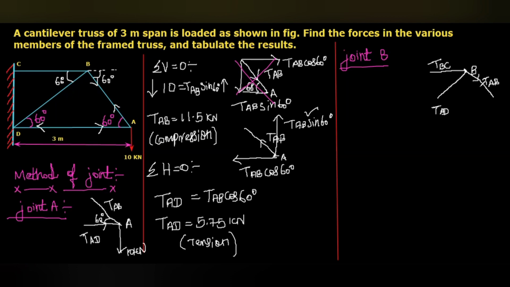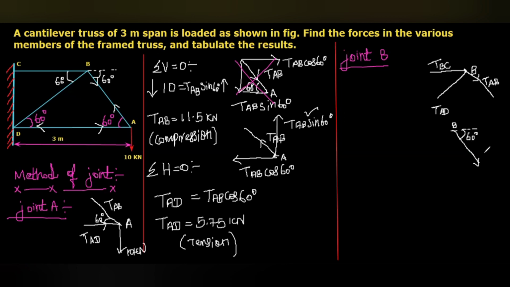So first I am going to resolve this inclined force, TAB. From the point B, if you draw a horizontal, this inclined force makes an angle of 60 degree.